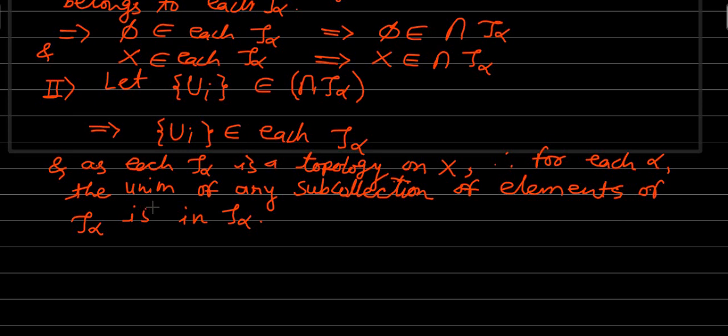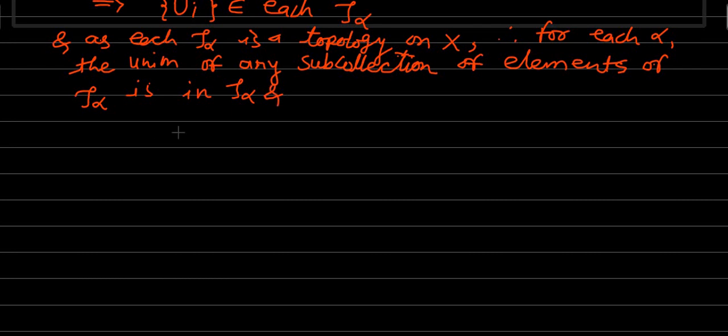This is by the second condition in the definition of the topology. And therefore the union of these sets ui over i belongs to τα for each value of alpha, for each alpha belonging to the index set.